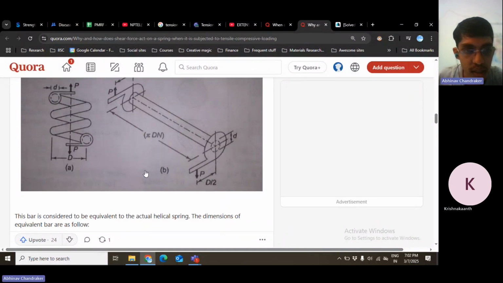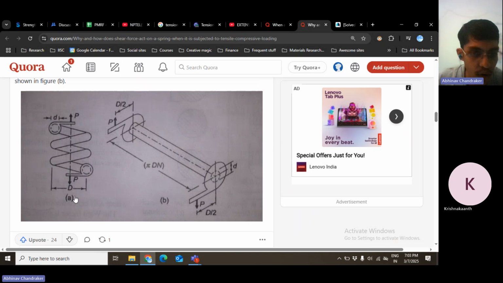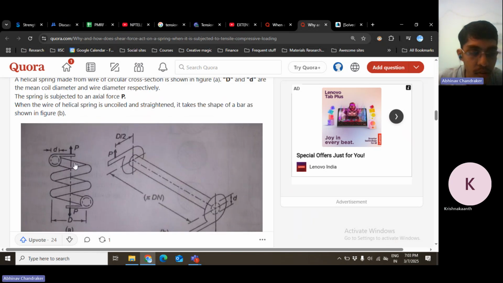So the explanation given here is, if you have this kind of a coil which is given in schematic A, and you are loading it axially, then if you try to uncoil this wire, at the end you have this thing to show that it is loaded in the vertical direction, right?